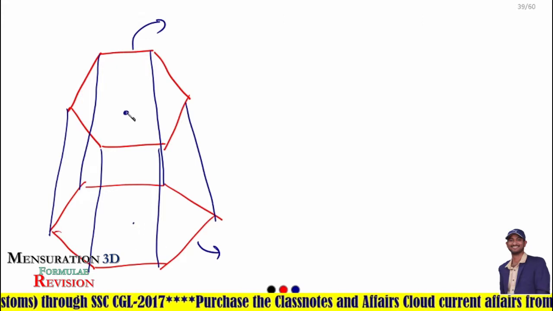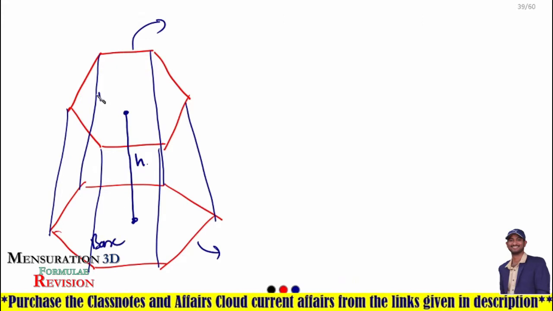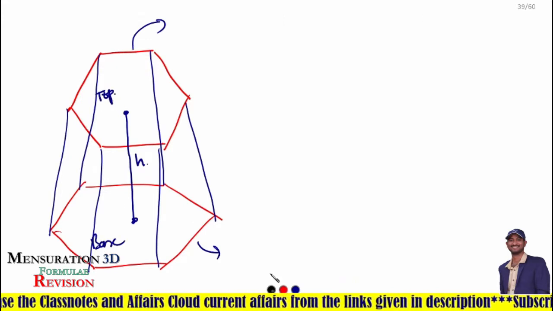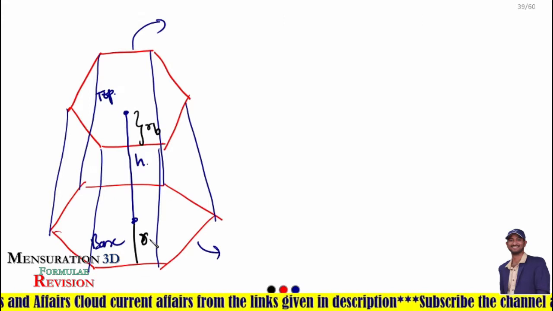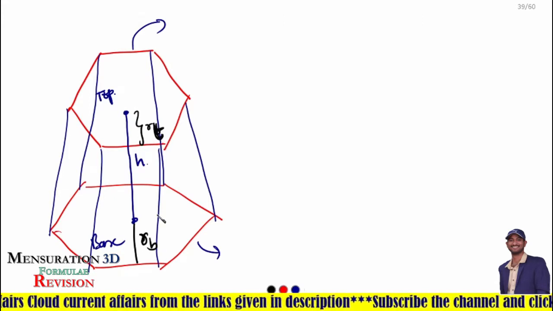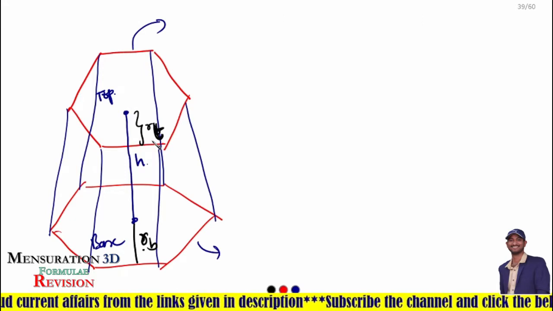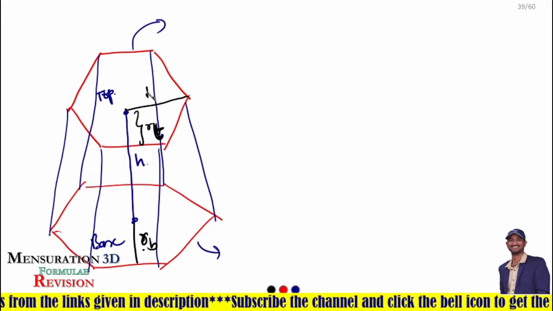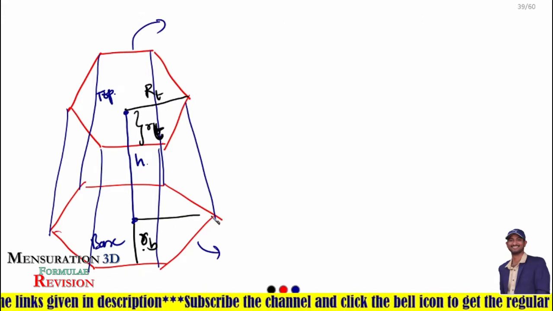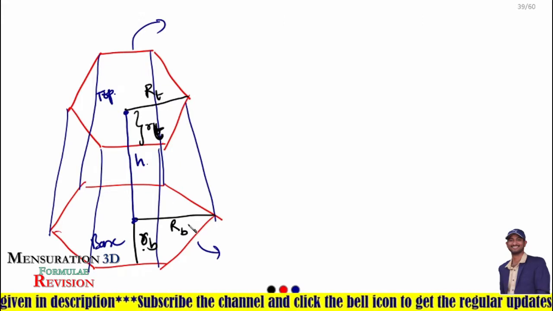If the height of the frustum is h, and here it is base and here it is top. If RB and RT are the inradius of the base and top polygons, and capital RT and capital RB are the circumradius of top and base polygons.